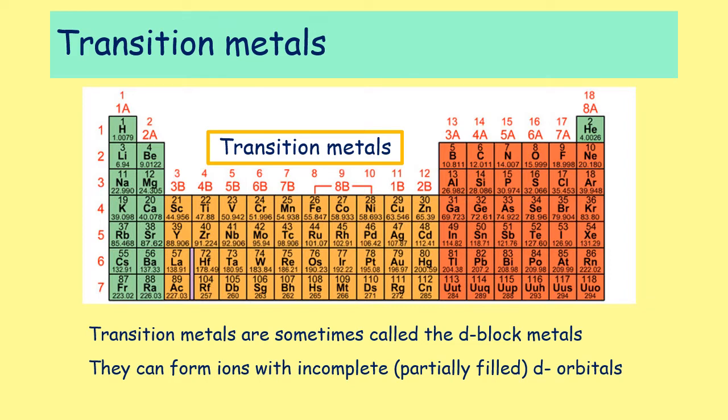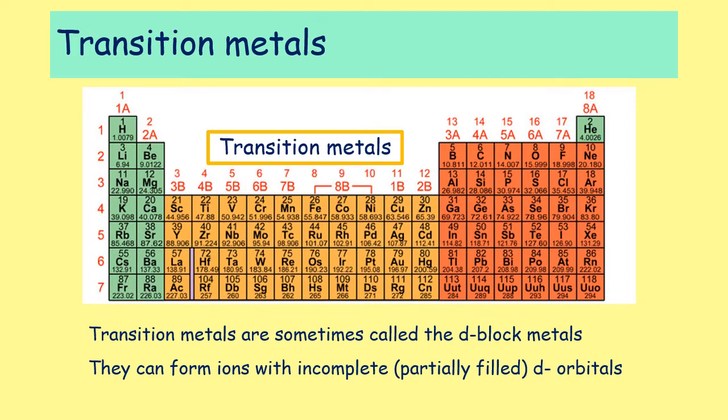There's lots of different possibilities, and in future videos we'll look at how to work out oxidation state and charge on a transition metal. But what you need to know is that the electrons in transition metals are always in the D blocks, and they can form ions that have partially filled D orbitals. So that final definition, they can form ions with incomplete or partially filled D orbitals, means that not every D block element is technically a transition metal.